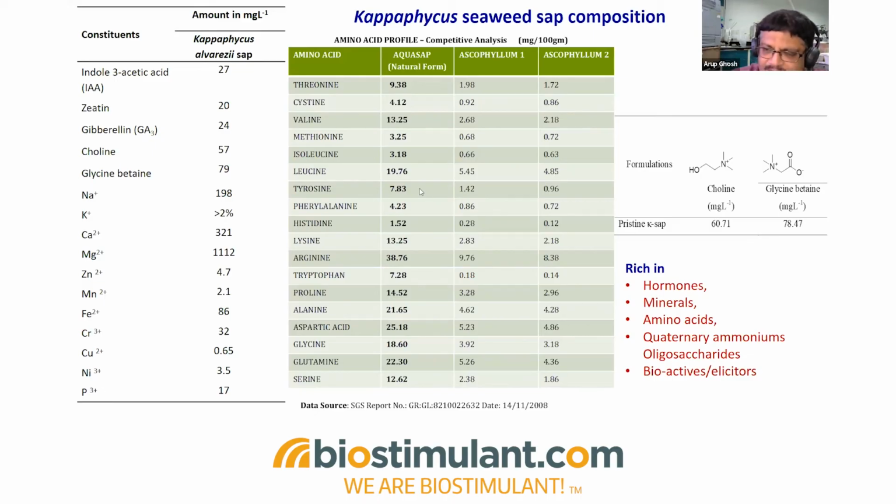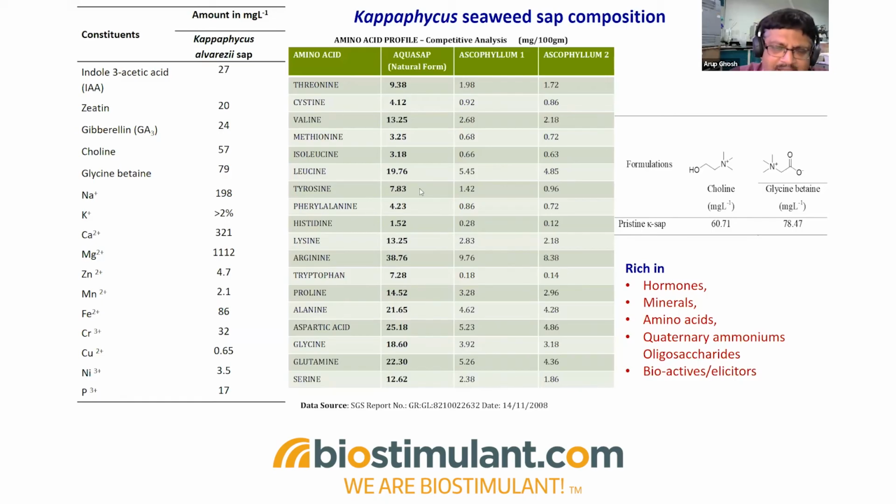Till date, there has been a hearsay or general understanding that they have a lot of plant growth hormones, quaternary ammonium compounds, macro and micronutrients, amino acids. So this was the understanding one had till now, but all of them are in a concoction in different proportions.